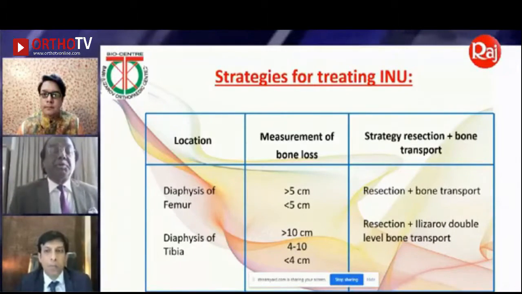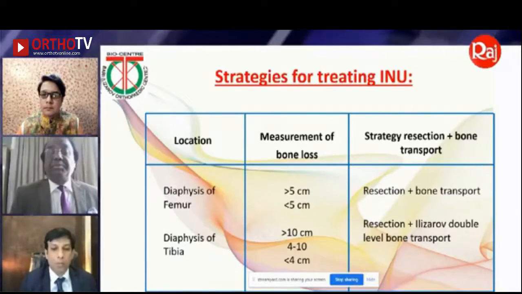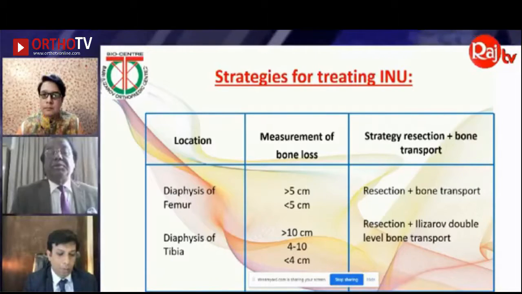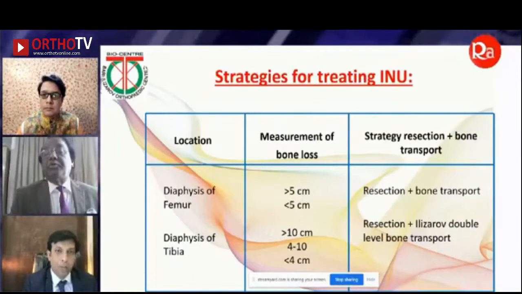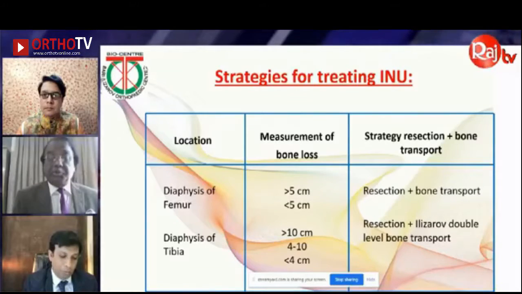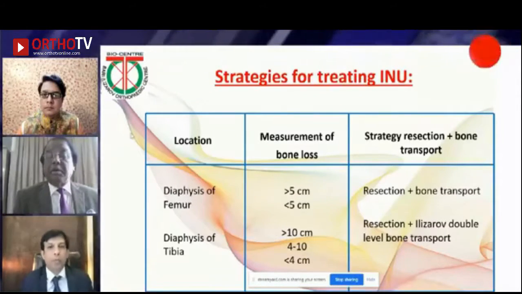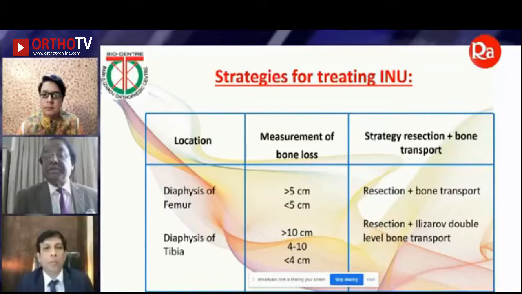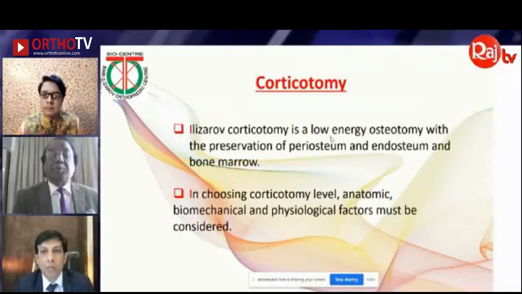If you think about the location of the bones, femur and tibia, and measurement of the bone loss, greater than 5 centimeter or less than 5 centimeter, you can go for resection and bone transport. Same case, the tibia that I told you earlier. If it is greater than 10 centimeter, you can go for resection, Ilizarov double level bone transport, and corticotomy.